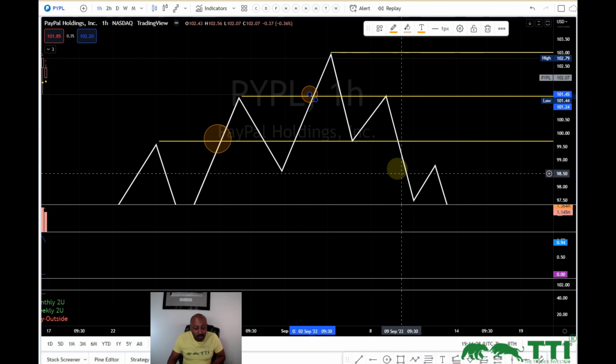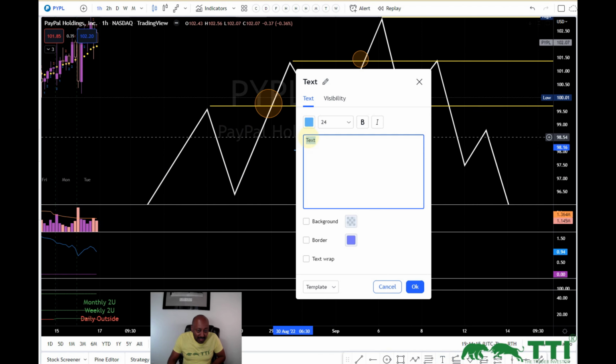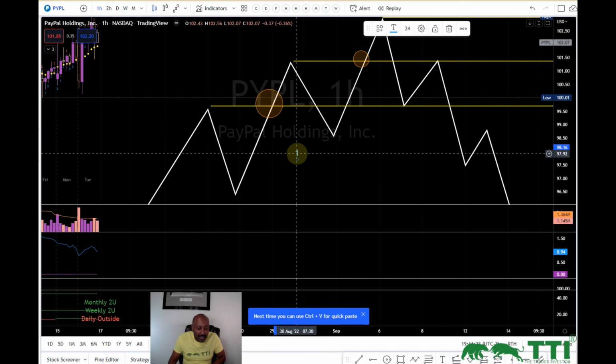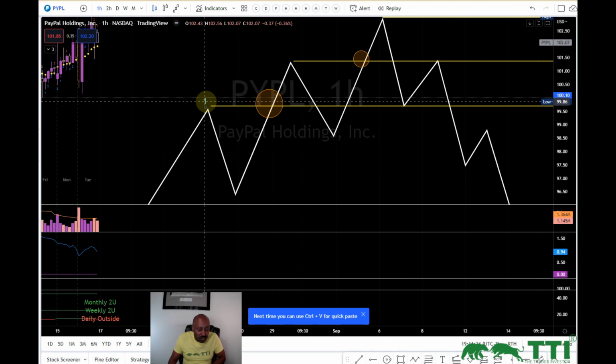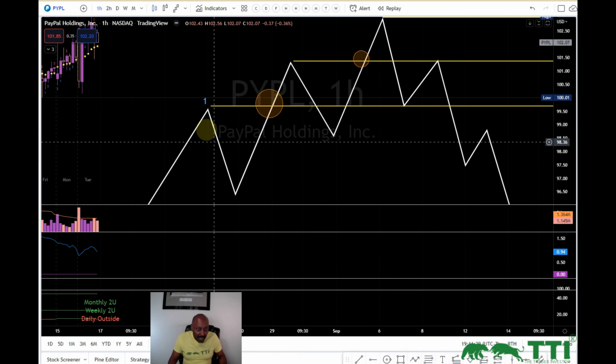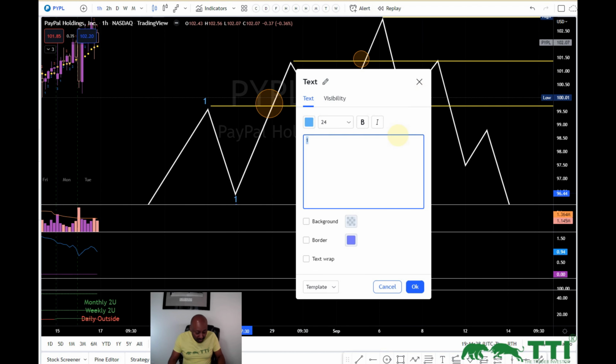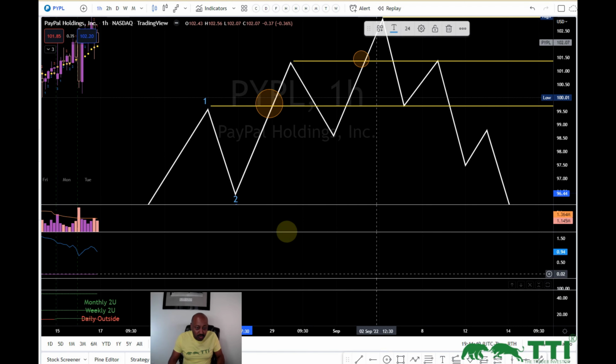So when we find our entries, if we mark this in a continuation trade, your high is your 1, and then you have your higher low, that's your 2.